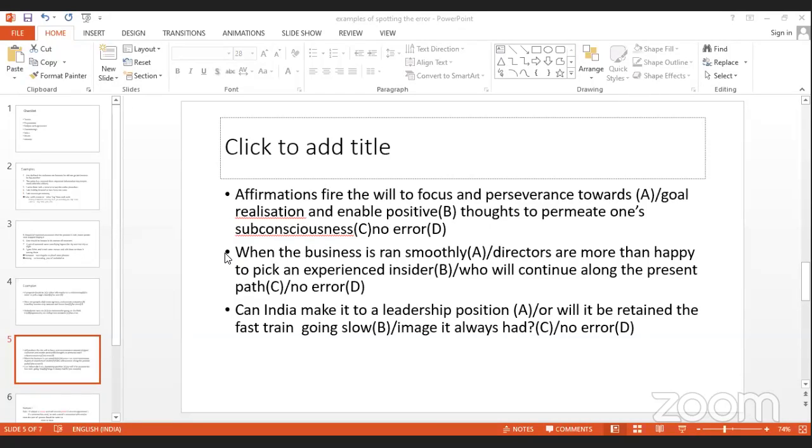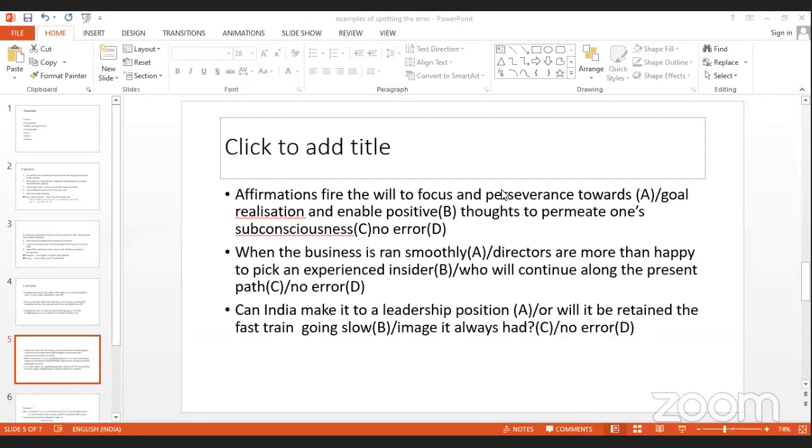Okay. Now let's move on to the second one. When the business is ran smoothly, over here you can understand the error very easily. So what is the error in the second one? Come on, everybody, put it in the chat box. I got one answer from Ansh.